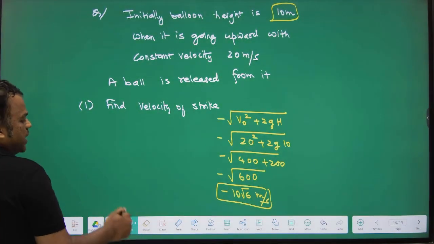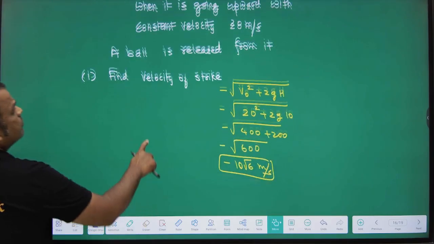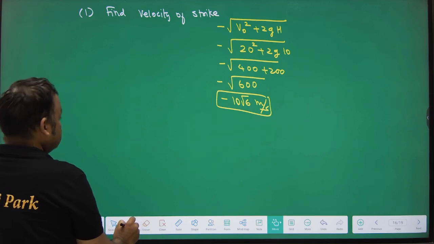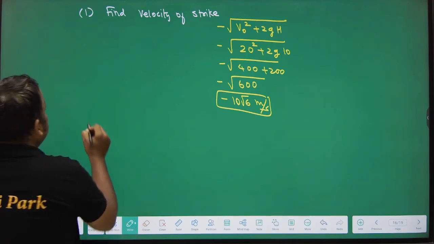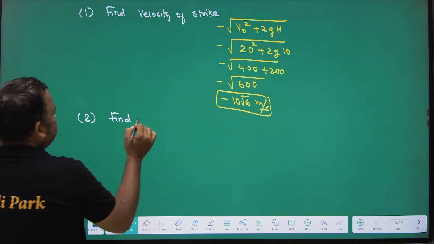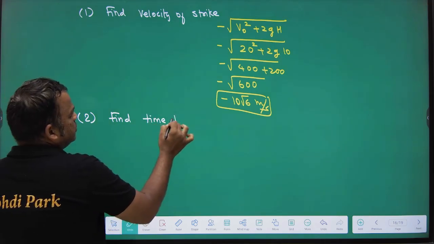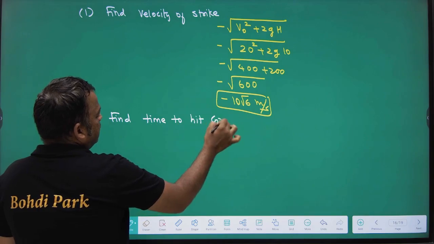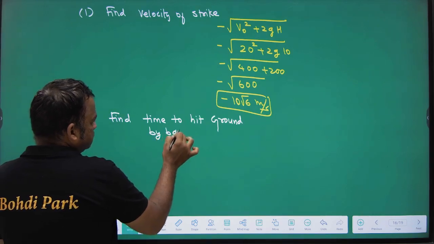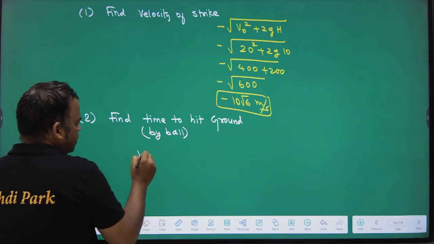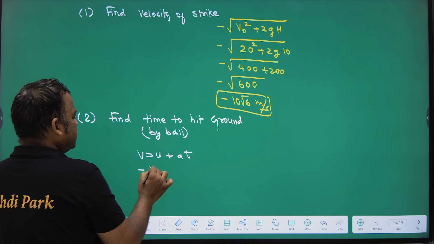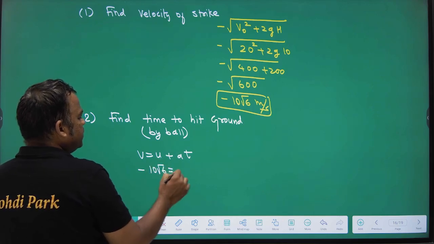Let's find what is the time of flight. To find the time to hit ground by ball, we can use V is equal to U plus AT. Now V we got minus 10 root 6. U is V naught.